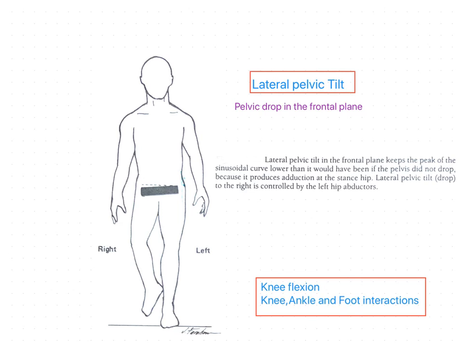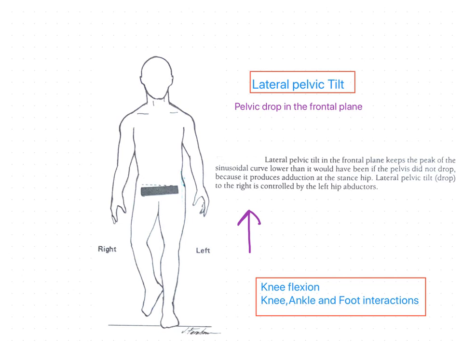Next are knee flexion, knee interactions, and ankle and foot interactions. All these first 4 determinants help to keep the vertical rise of the body's COG to a minimum.